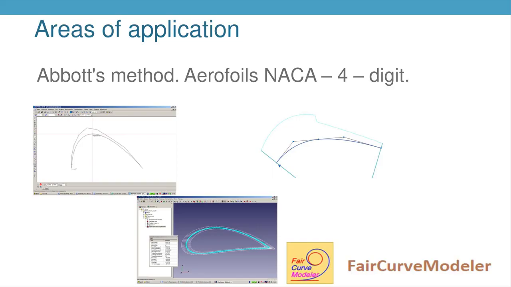Here we note that the order of smoothness of the resulting curve coincides with the smallest order of smoothness of function included in the superposition. In this case, the smoothness of the wing profile will be of the 1st order of smoothness. This is a significant drawback of the method.